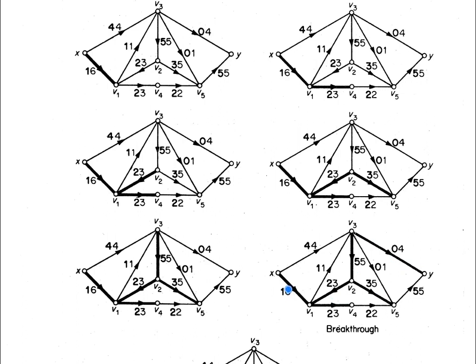What interests me is the single path from X to Y, so this other one is not of interest for us. So 5 here, 2 here, and 5 here, and 4 here. So again, 5, 2, 5, and 4.